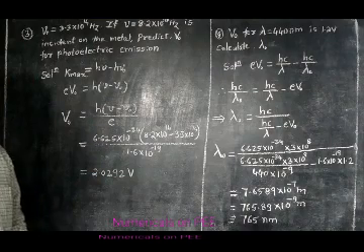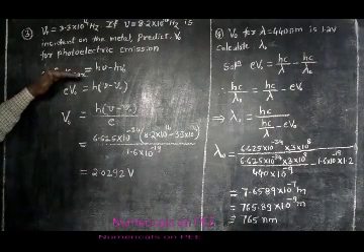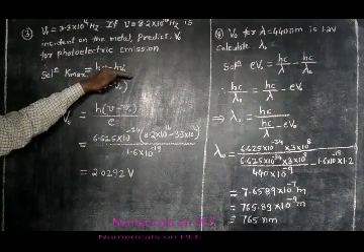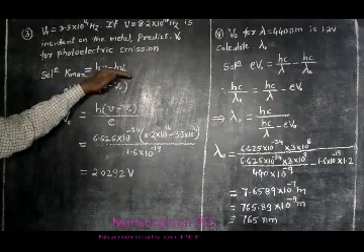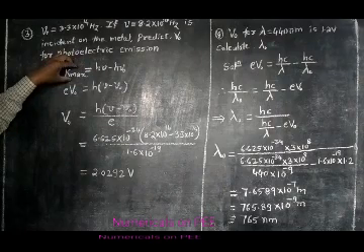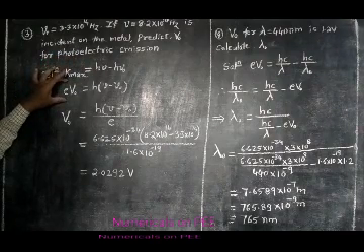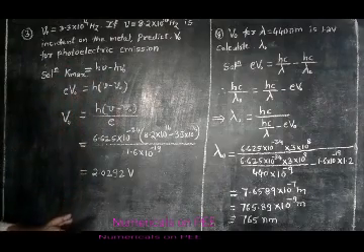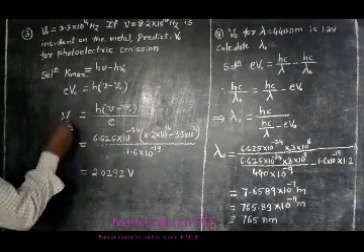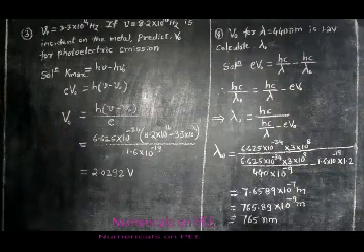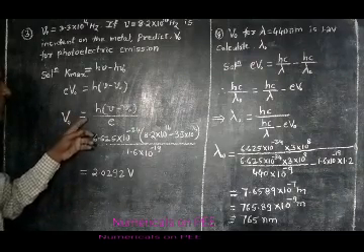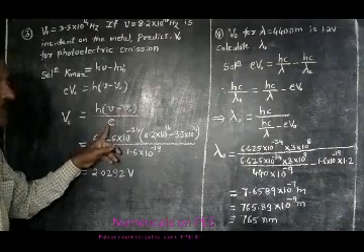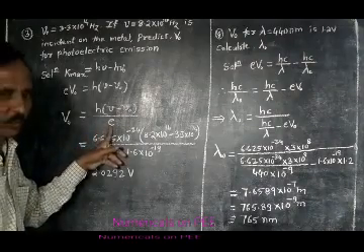We know that maximum kinetic energy is equal to h nu minus h nu naught, and also maximum kinetic energy is equal to e V naught. Hence e V naught equal to h in the bracket nu minus nu naught. Here V naught represents stopping potential. Therefore V naught equal to h in the bracket nu minus nu naught upon e, where e is charge on electron.